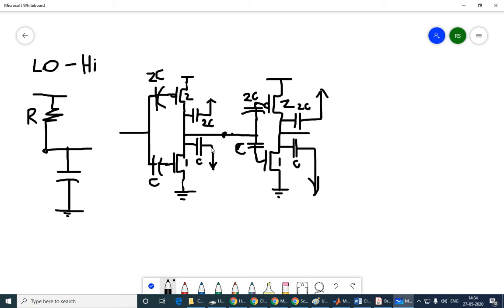Okay, so let's see this circuit. Start with these two gate transistors. There is no direct connection between these capacitances and this output node, because if you look at this capacitance, one side is this input, the other side is the gate terminal. There is the insulation here and here, so there is no direct connection between the capacitor and the output node, so we don't have to draw these.